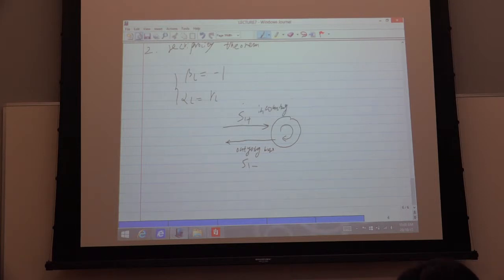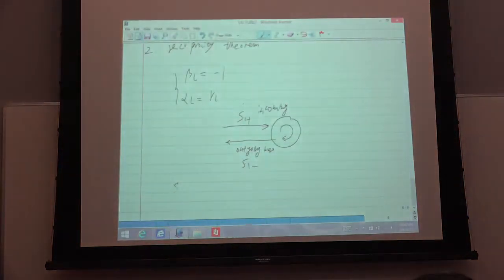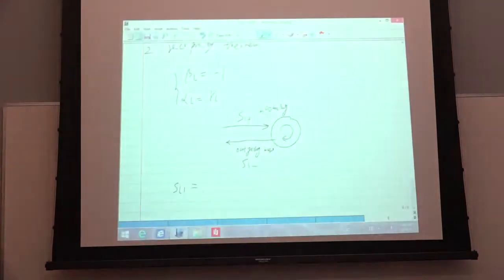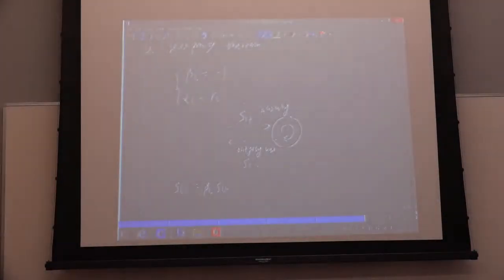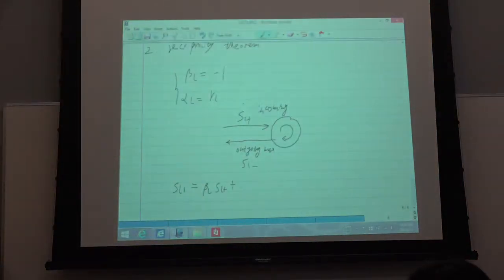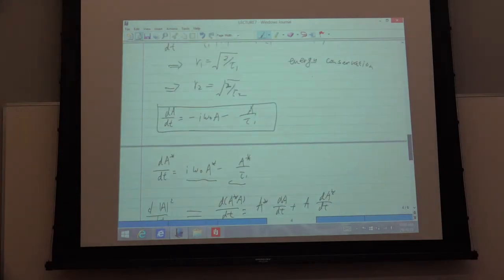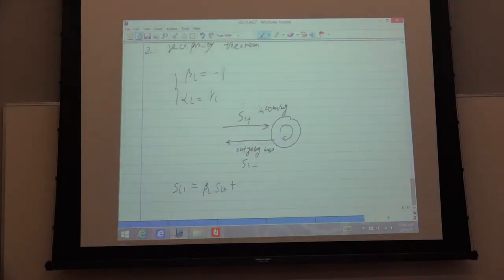Mathematically, we write this. We know this gamma equation: beta L SL plus equals, and we know the gamma now, gamma is 2 over tau 1, over A. This is the gamma equation.